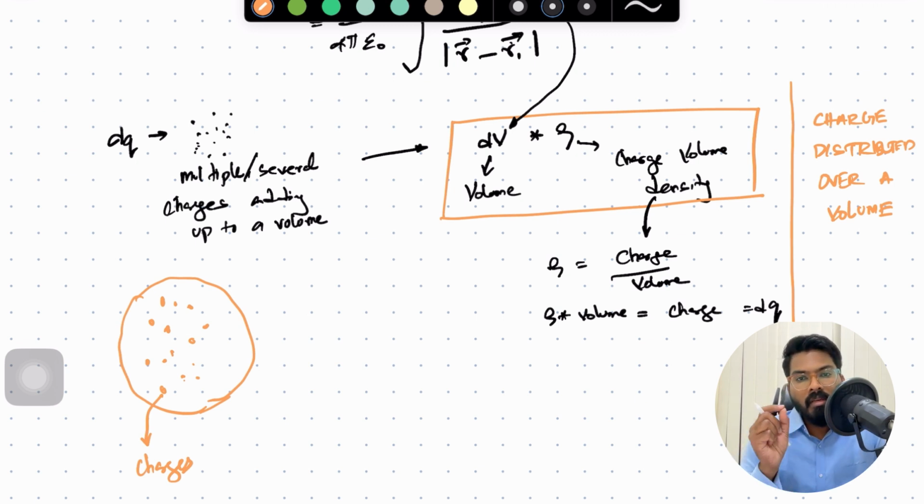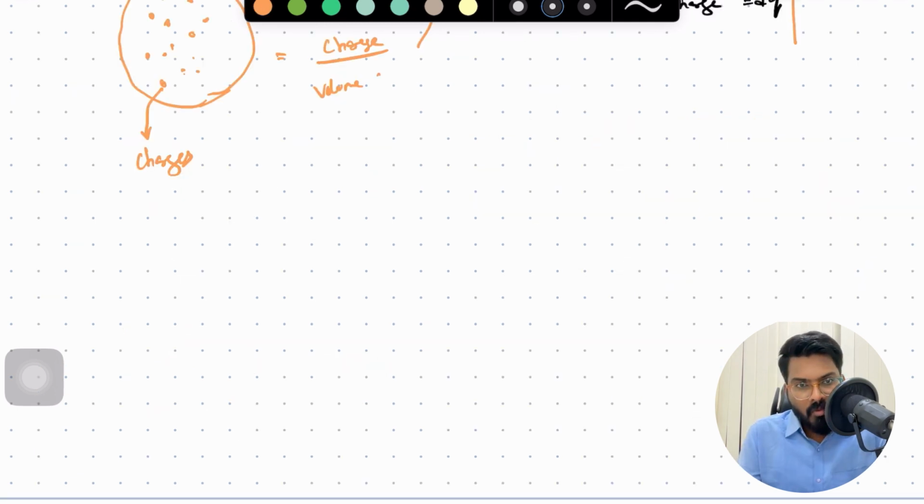The total charge divided by the volume of the sphere gives us the charge volume density. What we are doing is calculating the potential due to the charges distributed over a volume, so you have to imagine a laddu made of small pieces for this.